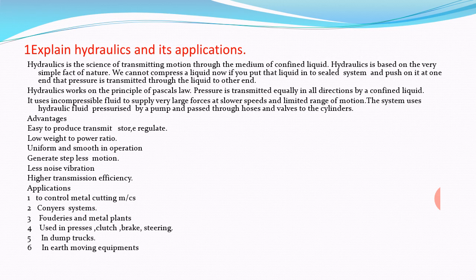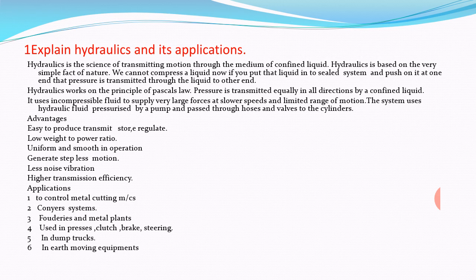Now what are the applications? It is used in industries like metal cutting, in machineries, then conveyor systems, foundries and metal plants or steel plants, then in presses, hydraulic presses, clutch and brake systems, steering of automobiles, dump trucks, earth moving equipment.